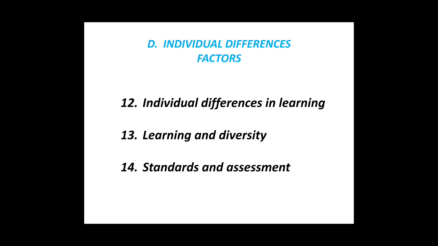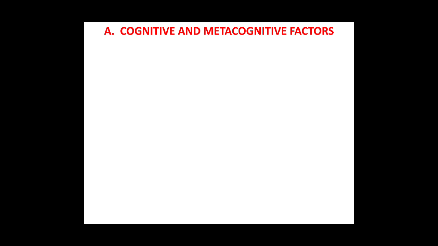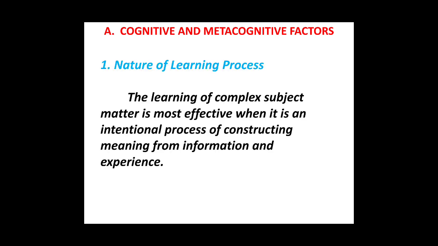So, let us talk about the different principles under the first category, the cognitive and metacognitive factors. The first principle is the nature of the learning process.